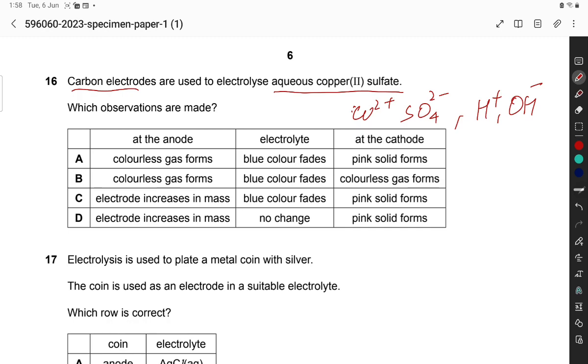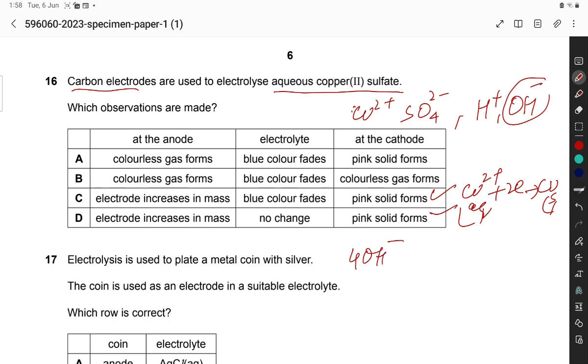So at cathode, pink solid forms, and at anode, OH negative ions discharge and oxygen gas is formed.